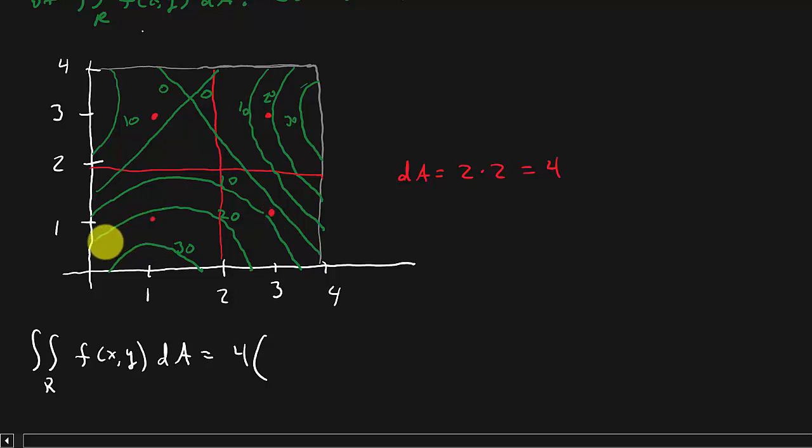You can see this right here is between the 20 and the 30, and we're closer to 20 than we are 30, so we'll just estimate that to be 22.